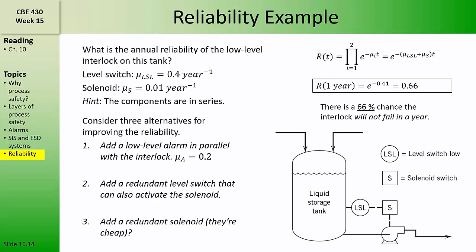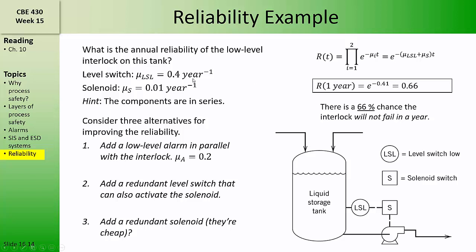Let's take a look again at our liquid storage tank with the safety instrumented system consisting of a level switch and a solenoid that can shut off our pump. We'll calculate the annual reliability on this safety instrumented system, assuming that the level switch has a failure rate of 0.4 per year.